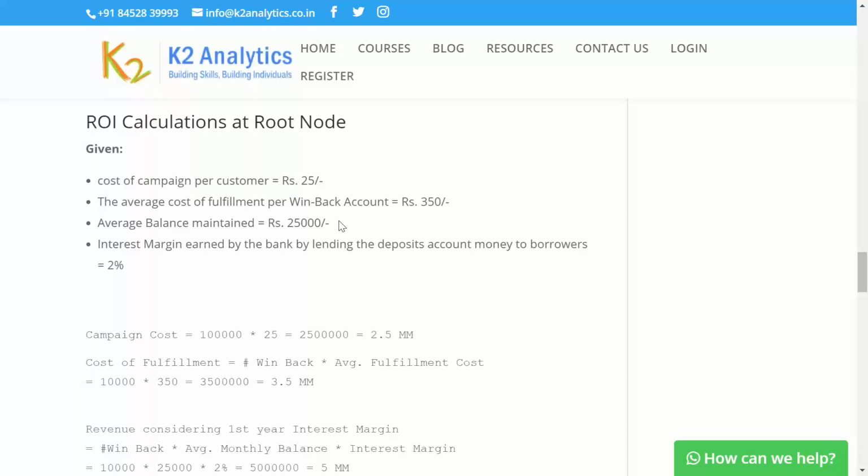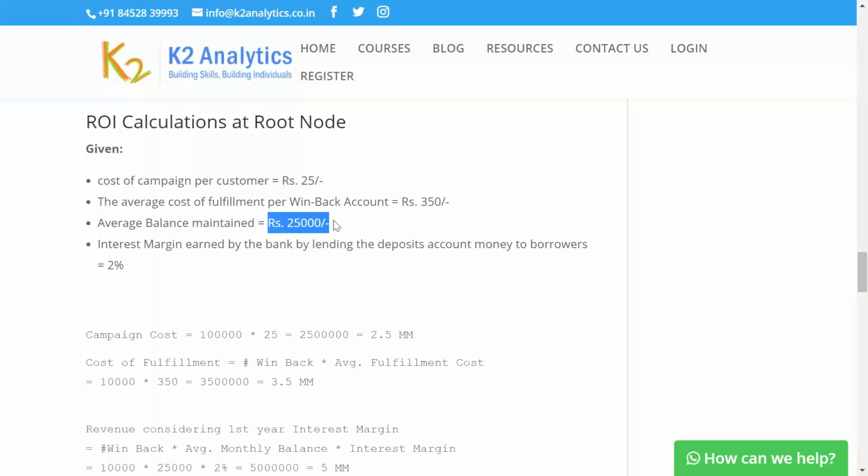What is the customer supposed to maintain on an ongoing basis? An average balance of 25,000 rupees. Now, the money which is maintained by a savings account customer in a bank, the bank uses to give to borrowers. We as savings account customers are depositors. Other customers who are in need of money take loans.